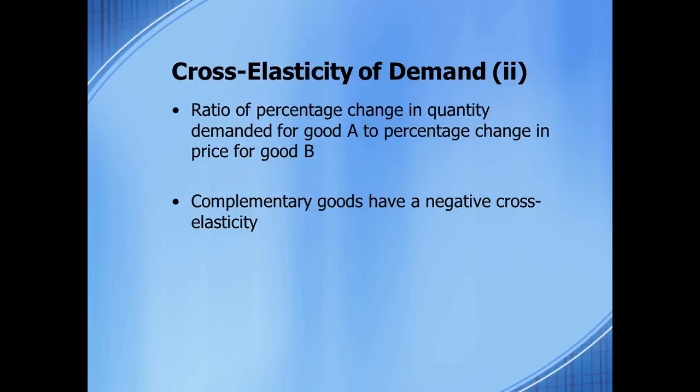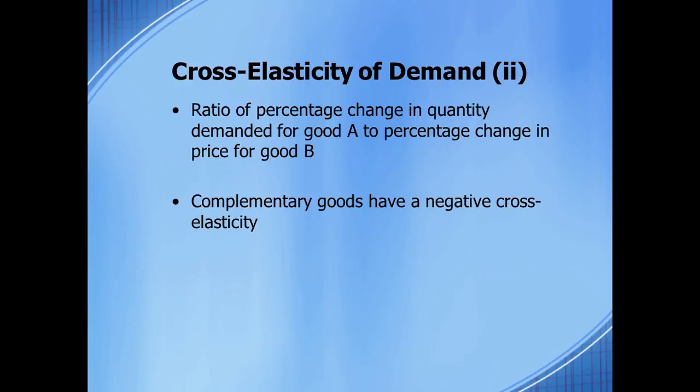Now, complementary goods have a negative cross-elasticity. So demand for, say, ski boots will go down if the cost of skis increases. Because the two of them are very complementary, we would expect skis and ski boots to exhibit a similar pattern of demand.